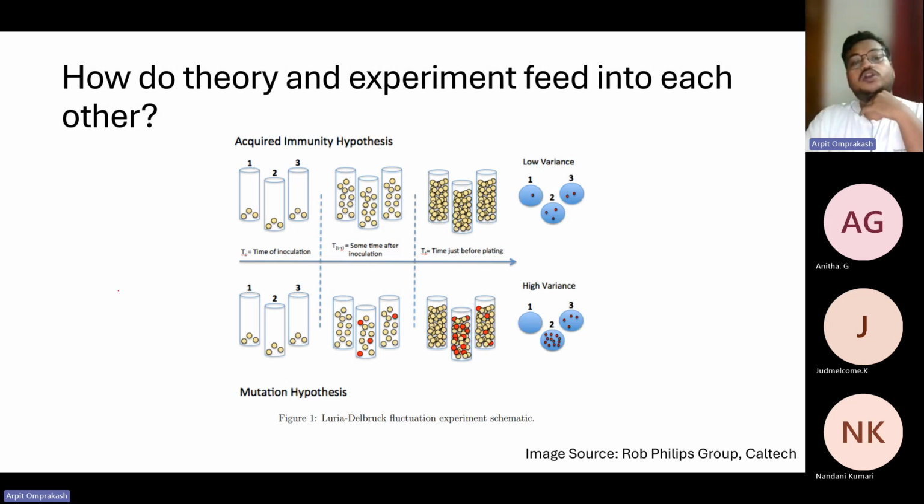So at that time it was not known whether mutations occur randomly or occur because of selection. Right. So if you have a certain stress in the environment, does a mutation occur to deal with the stress, or do organisms have pre-existing mutations, which lead to the development of resistance to environmental stress?